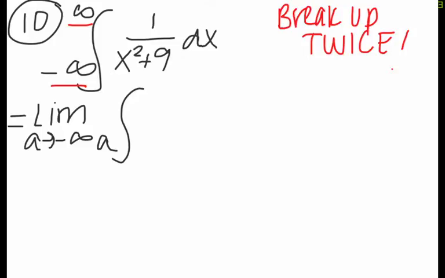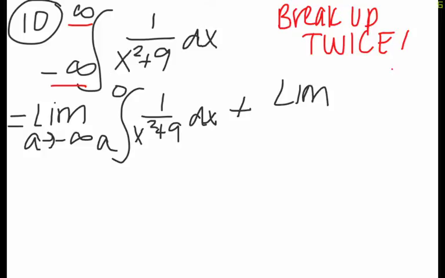Where do we always want to break it? 0. Unless you can't break it at 0, you want it at 0 or 1, because then your life becomes way easier. 1 over x squared plus 9 dx. We're going to keep going, plus the limit as b approaches my top, which is infinity, that same number to b of the same integral.